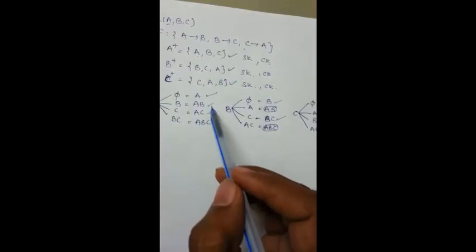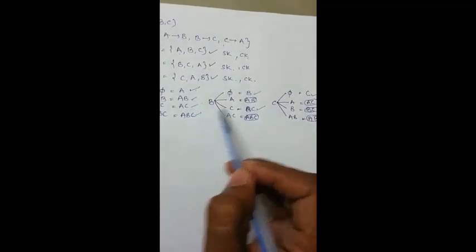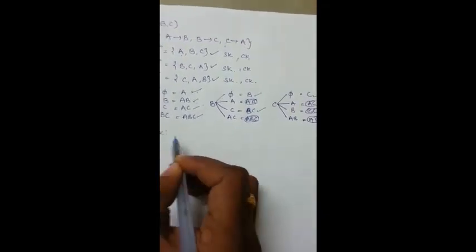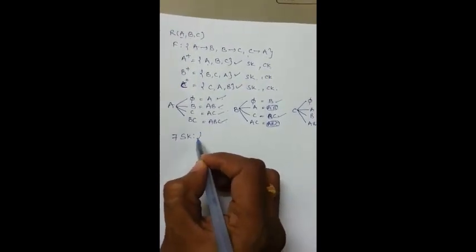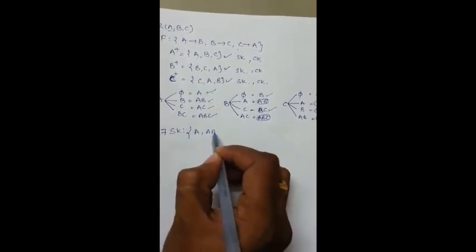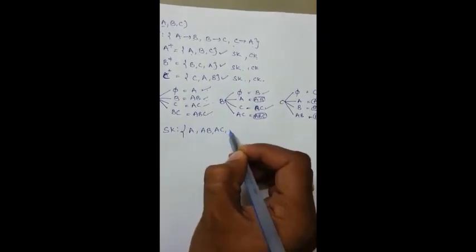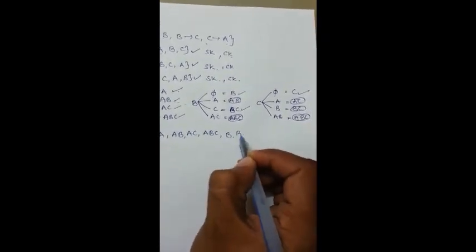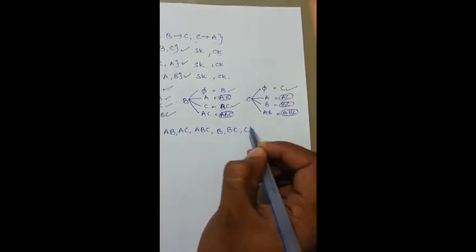Totally we find 1, 2, 3, 4, 5, 6, 7. Now totally 7 super keys. Now these 7 super keys are A, AB, AC, ABC, B, BC and C. So totally 7 super keys.